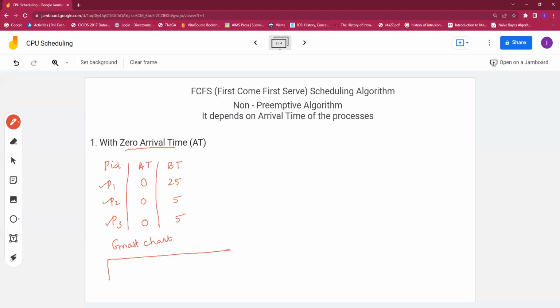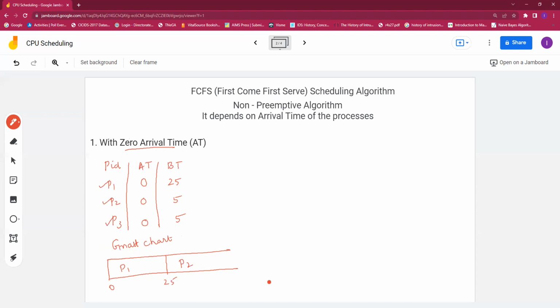The first process to come in is your P1. It executes till 25 milliseconds. It starts at 0, gets completed at the 25th millisecond, and after that the CPU will be given to your process P2. Process P2 takes 5 milliseconds to complete.